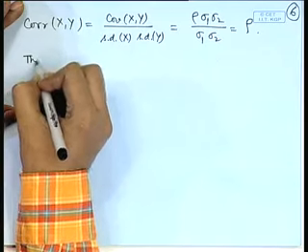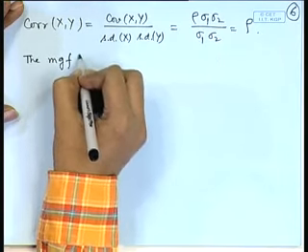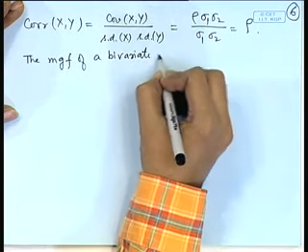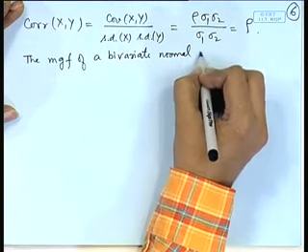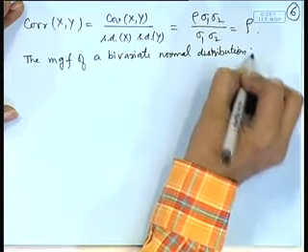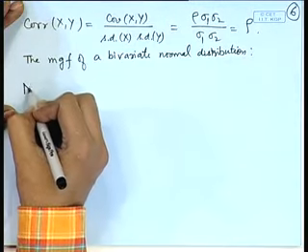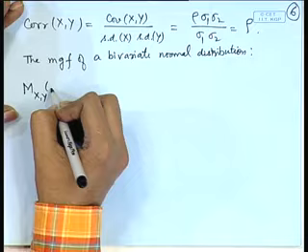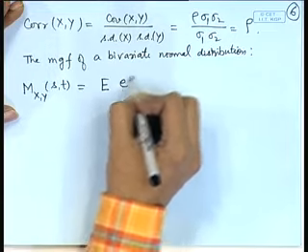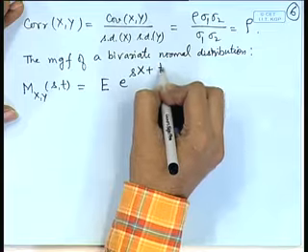We also look at the moment generating function of a bivariate normal distribution. It is defined as m x y (s, t) that is equal to expectation of e to the power s x plus t y.